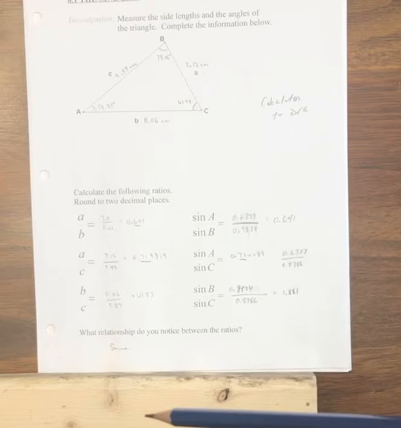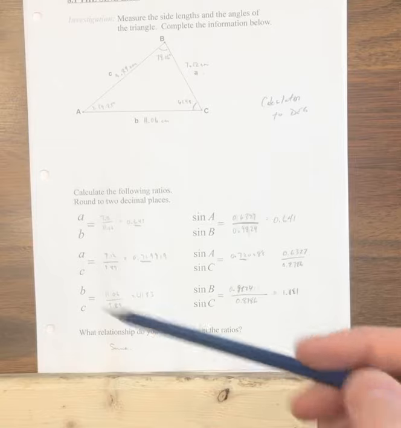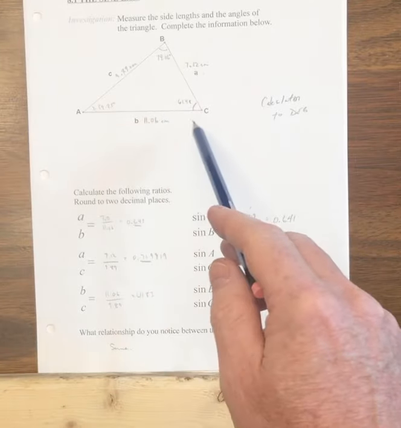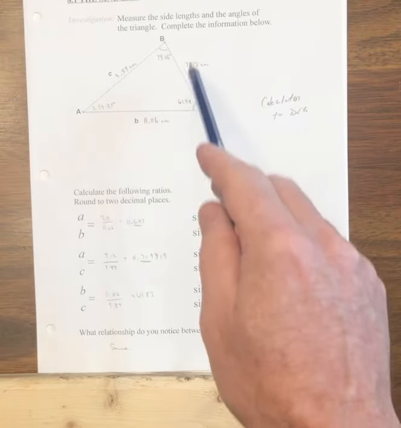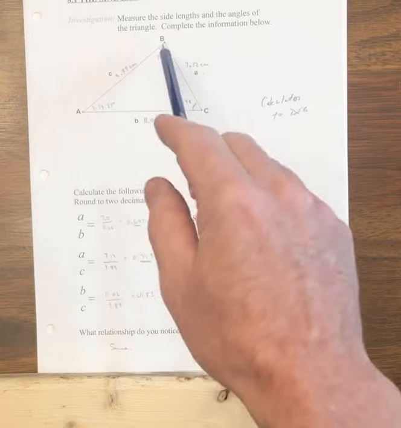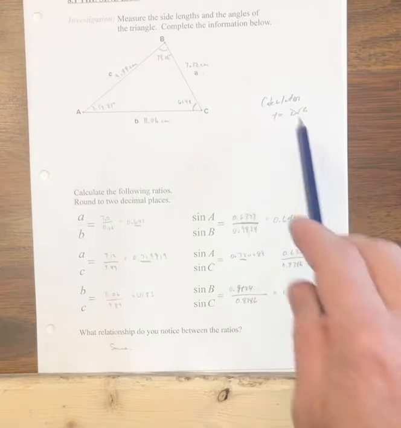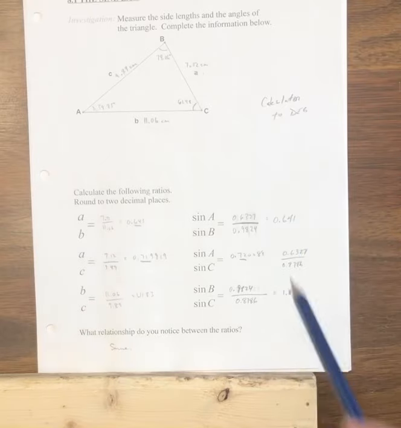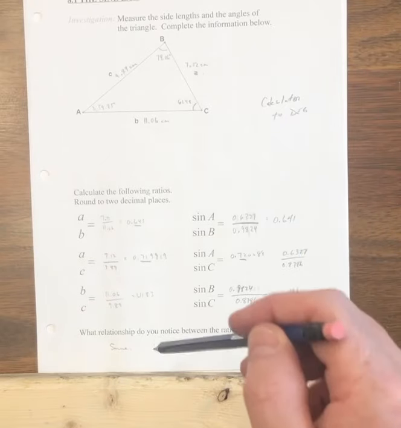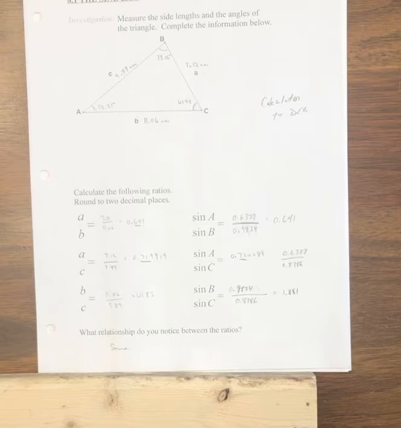If I was to run you through this little demonstration here, we have an acute triangle, and we do know the length of all three sides, and we do know all three angles. And of course, remember for trigonometry, always have your calculator set to degree mode. So what I've done below is I've done 6 different ratios.